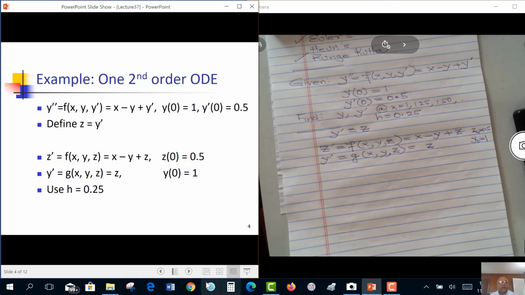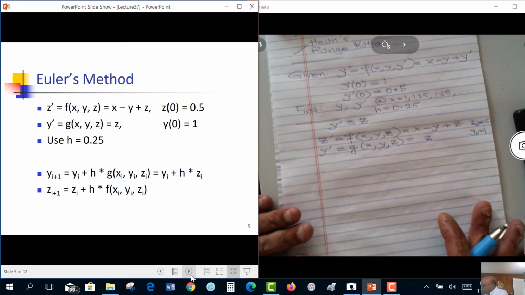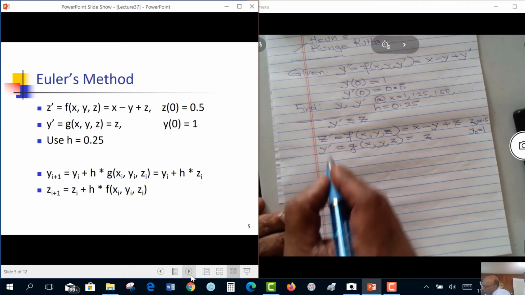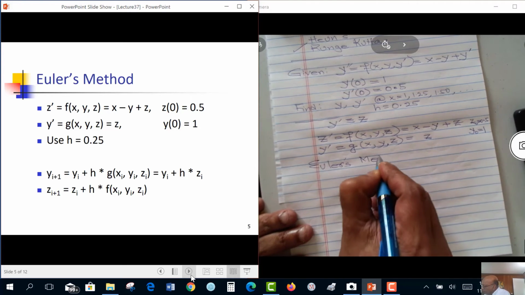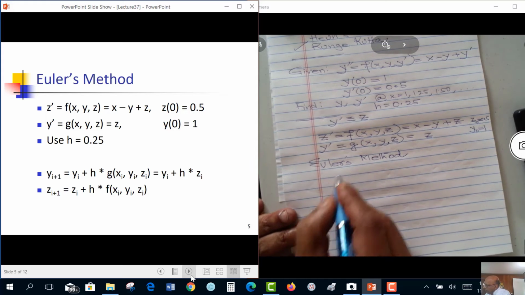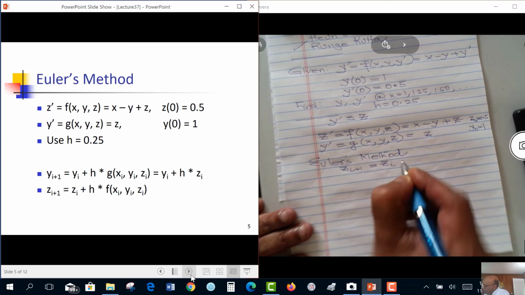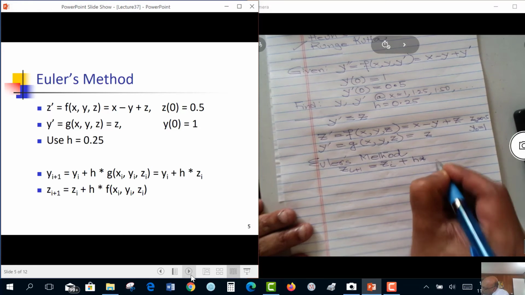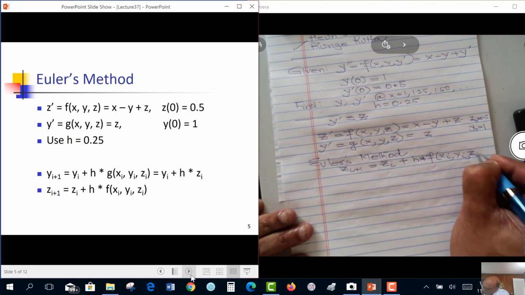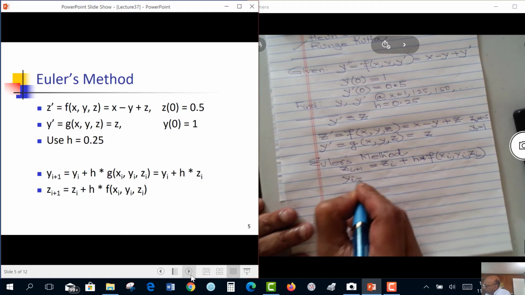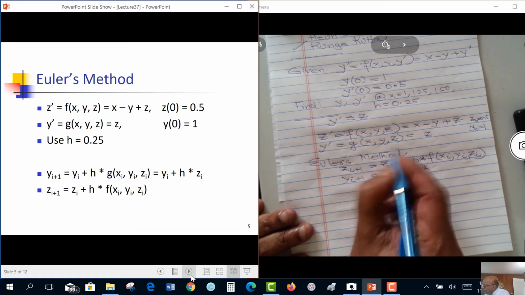So if we are going to use Euler's method, we just solve the two simultaneously. So for Euler's method, we have z i plus 1 is z i plus h times the function at x i, y i, z i. And y i plus 1 is y i plus h times, but we already know this function.